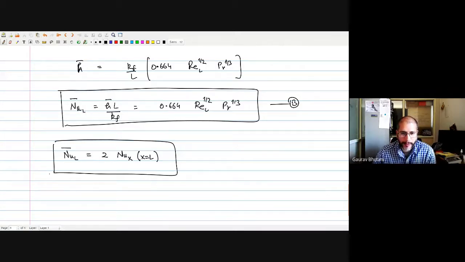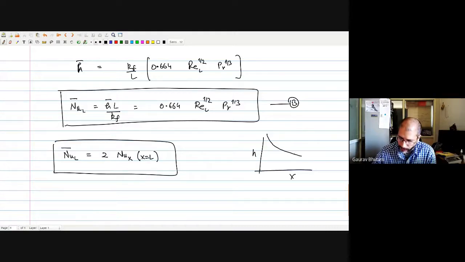And remember, we know that in a flat plate in the laminar zone, if I was to plot the h value as a function of x, then it starts off with a very high value in the beginning of the boundary layer because it's very thin, and then it drops down because the gradient del T by del y goes down as you go from left to right in the plate.